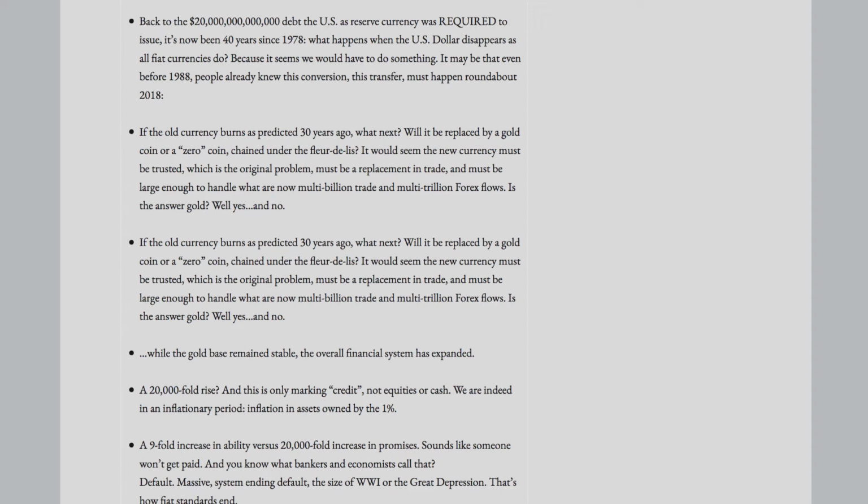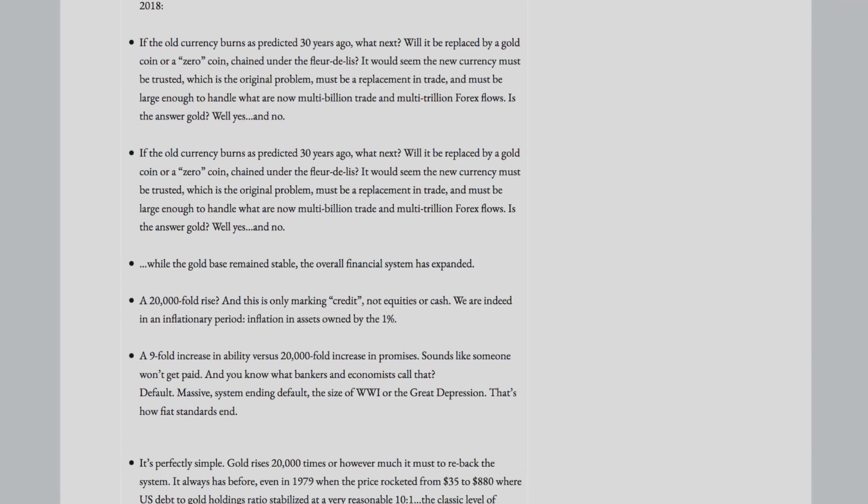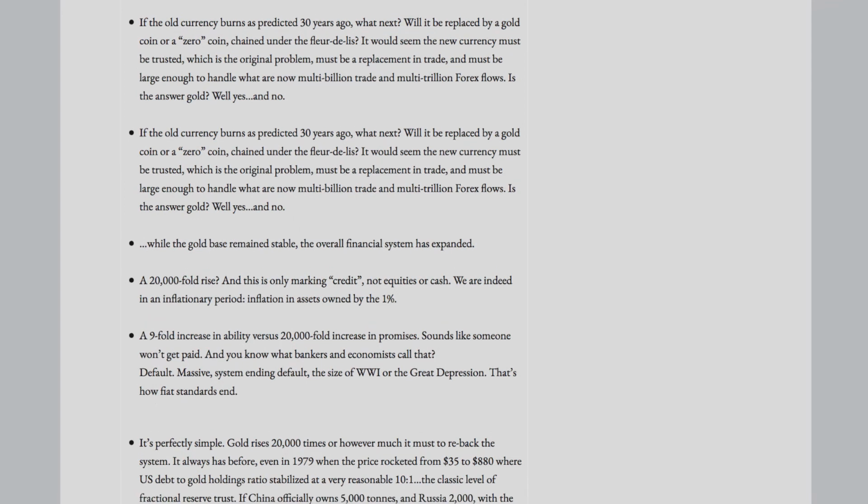Will it be replaced by a gold coin or a zero coin chained under the fleur-de-lis? It would seem the new currency must be trusted, which is the original problem, must be a replacement in trade, and must be large enough to handle what are now multi-billion trade and multi-trillion forex flows. Is the answer gold?